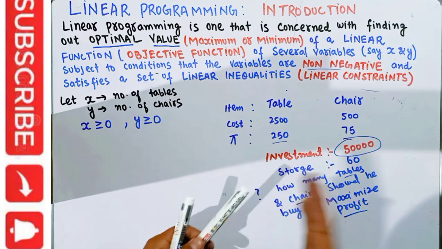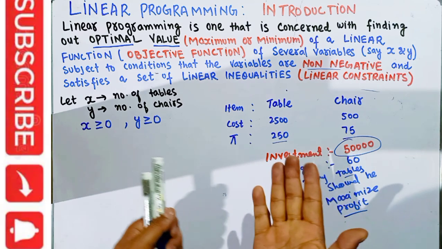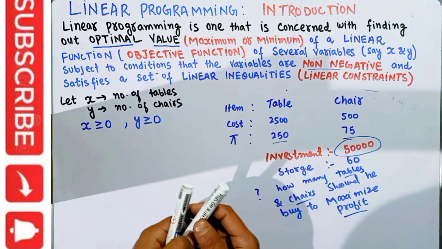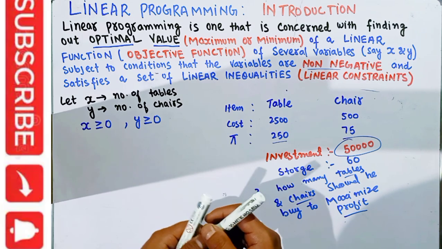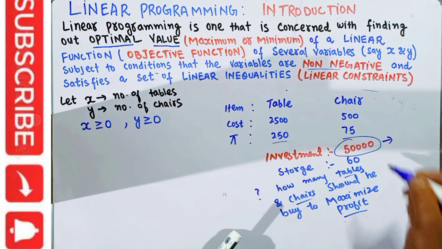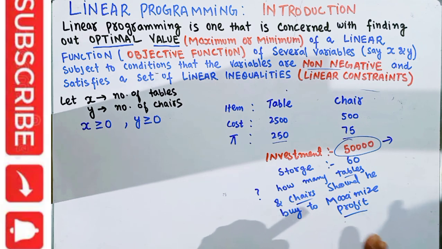Now this dealer is constrained by the maximum amount he can invest, and we are told he can invest $50,000.